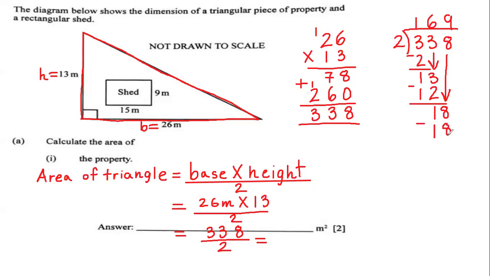Which means that the quotient, or the answer to this, is going to be 169. So that means 169 meters squared. That's our answer.